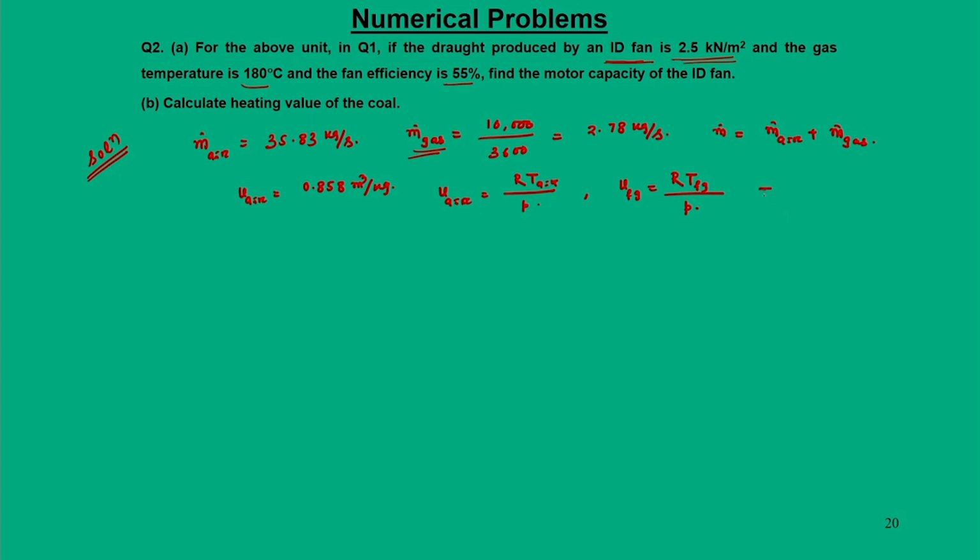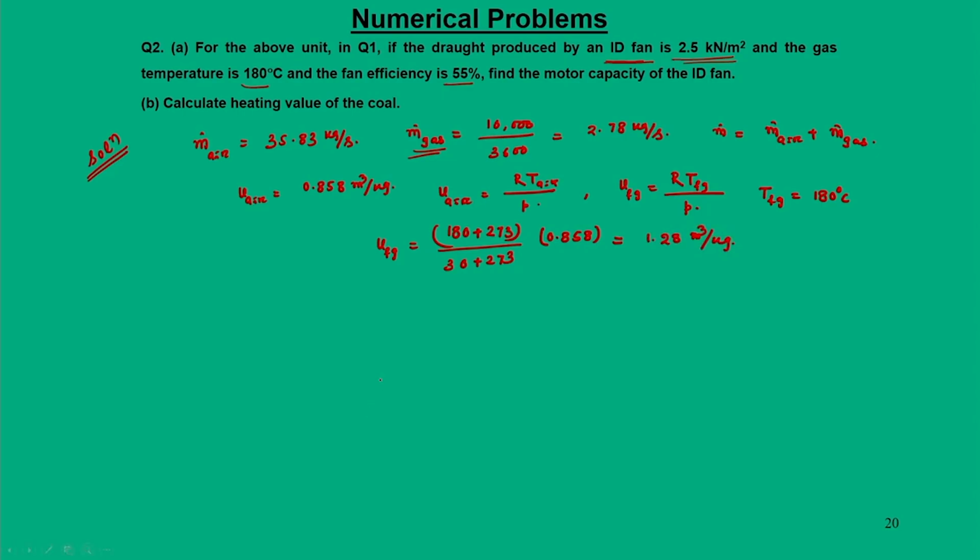TFG is already given as 180 degree centigrade. So, we can find a relation like VFG is equal to 180 plus 273 divided by 30 plus 273 into V air, that is 0.858. So, the flue gas specific volume will be 1.28 meter cube per kg.